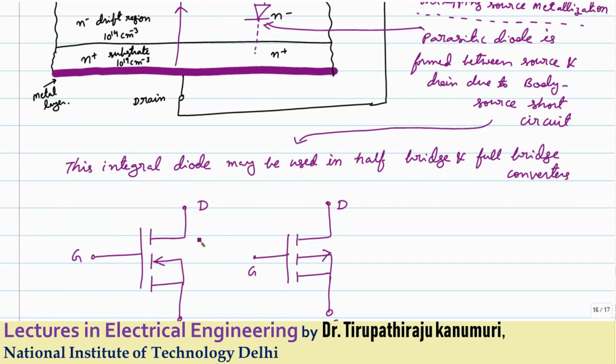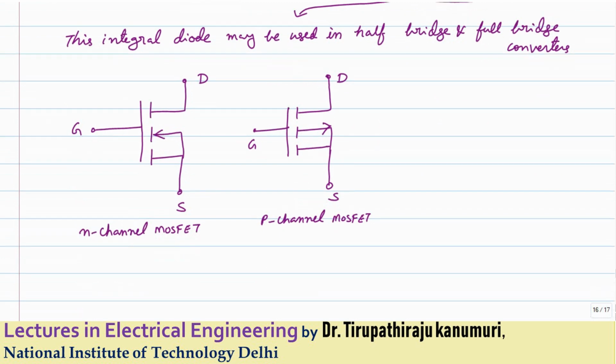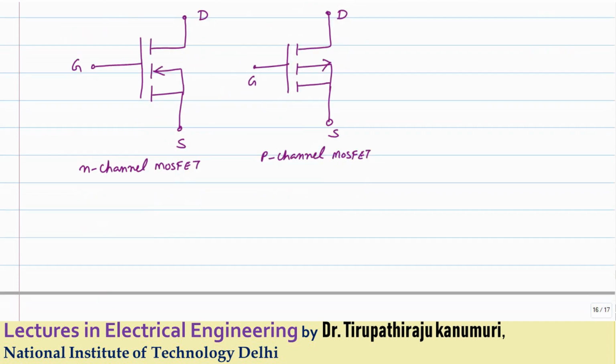So this is one type of symbol used. This indicates the N channel MOSFET, and if it is a P channel, it will be opposite. In some books you will observe that along with this, one extra diode will be connected across the source and the drain, and the direction of the diode will be in the direction of this arrow. That also indicates the parasitic diode. That need not be indicated in practice because it is already implied.